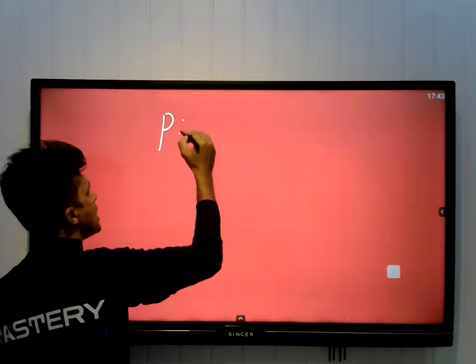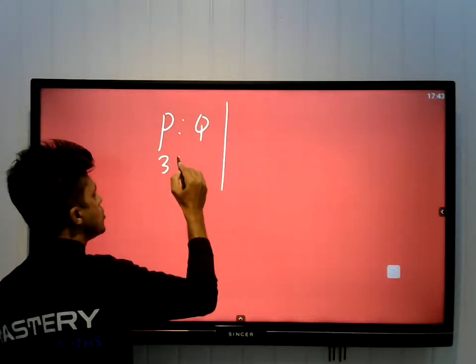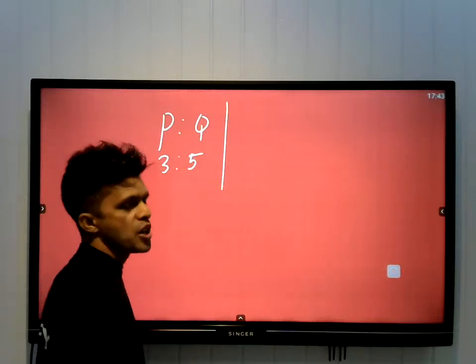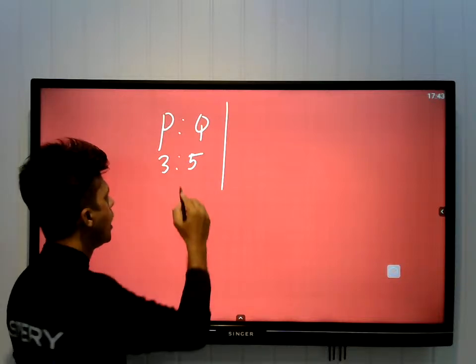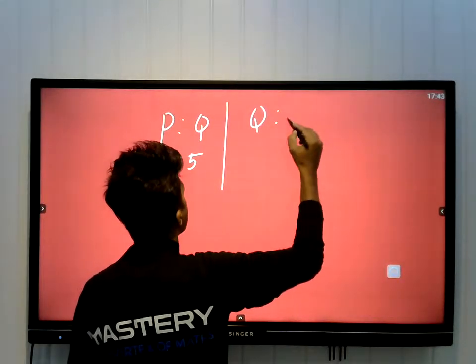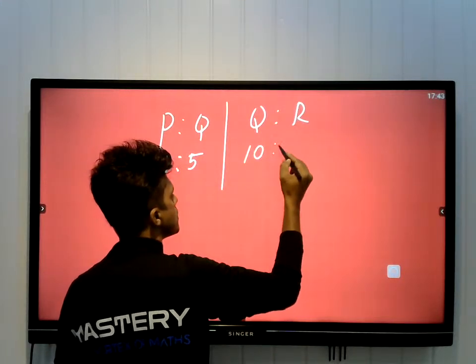So when it comes to this one, it is given that P to Q is 3 to 5. The other one is Q to R, that is 10 to 7.